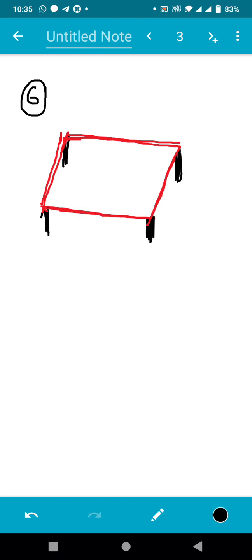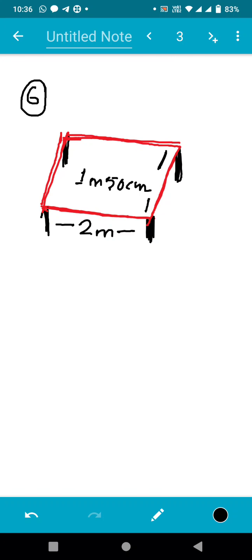So the dimension of length is given that is 2 meter. So this is given as 2 meter, and this part is given 1 meter 50 centimeter. Fine. So the width is given 1 meter 50 centimeter. Now let's see what is there in the next part of the question. So what is its area in square meters?